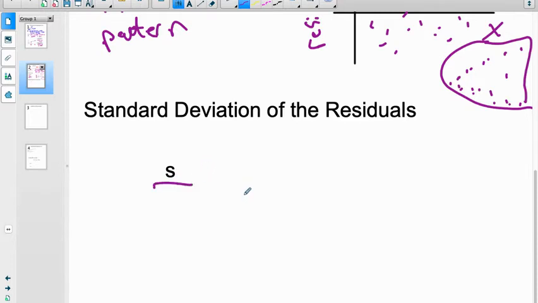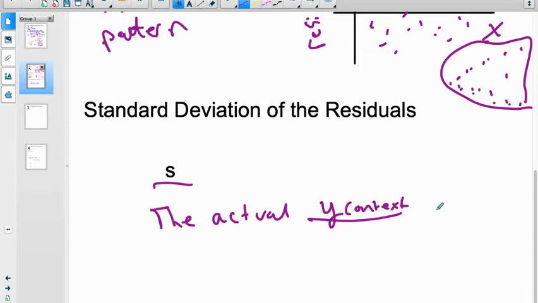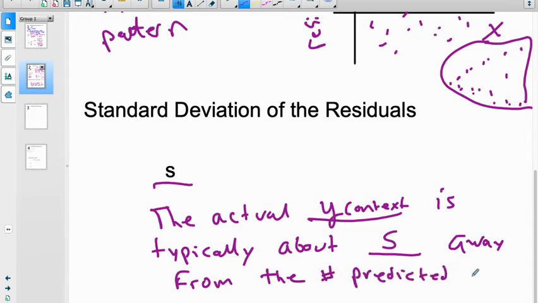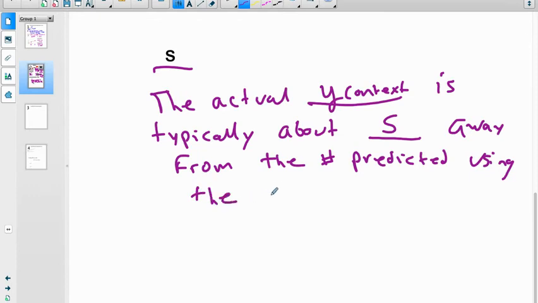What the standard deviation of the residuals means is the actual whatever your y variable is in context of the problem is typically about whatever your s comes out to be away from the number predicted using the least squares regression line.